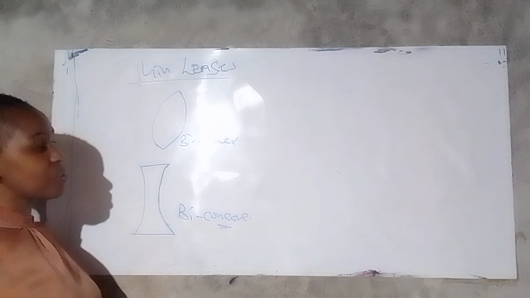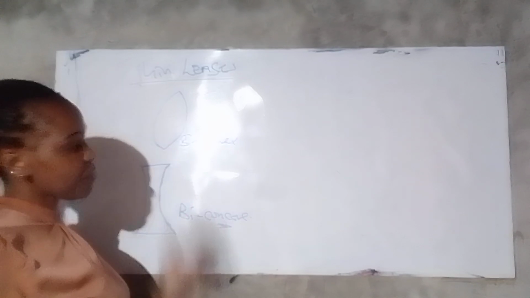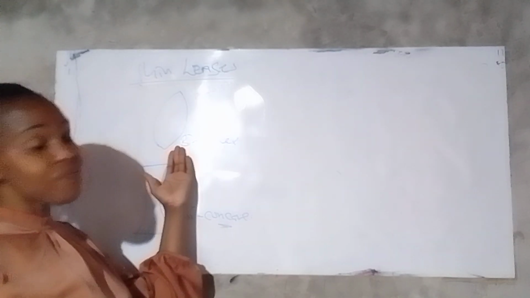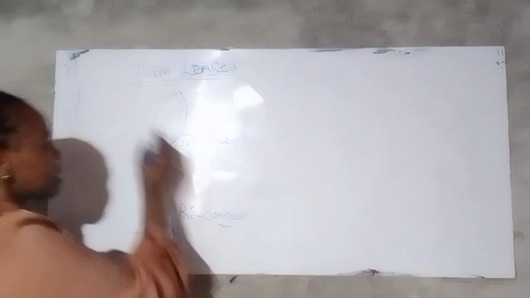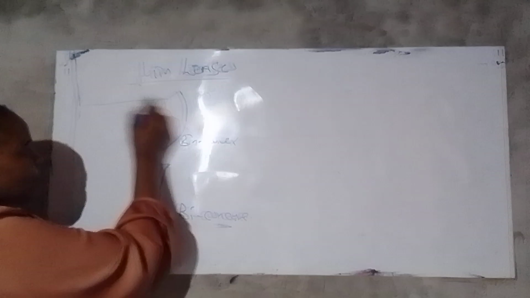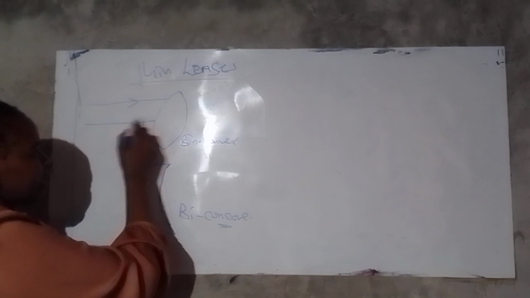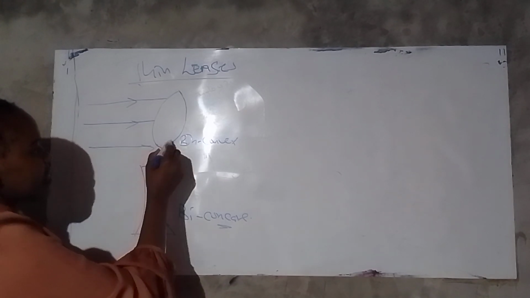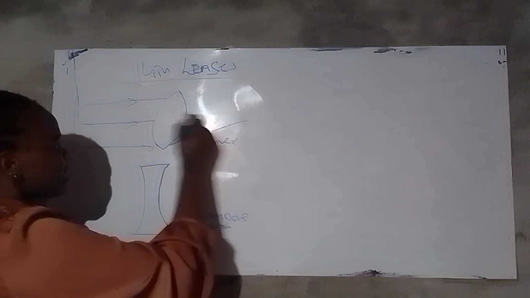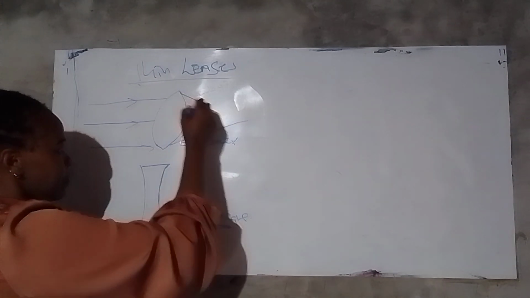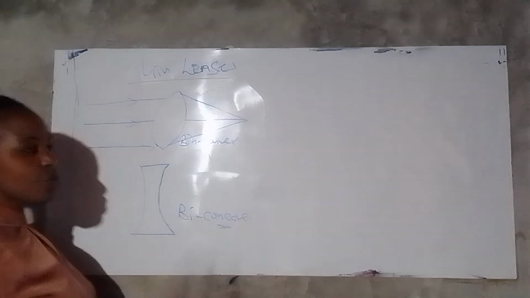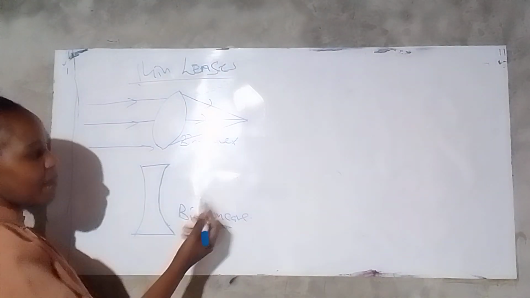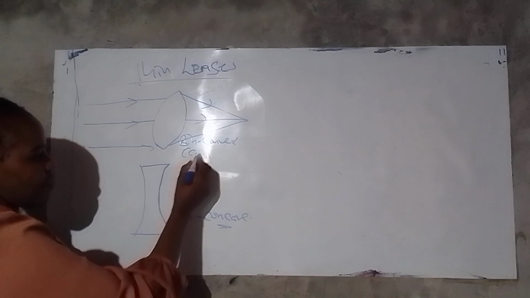Now, using the principle of refraction, this convex is a converging lens. Meaning, if parallel rays come towards it, like that, then these rays will be converged at a point. So a biconvex is a converging lens.